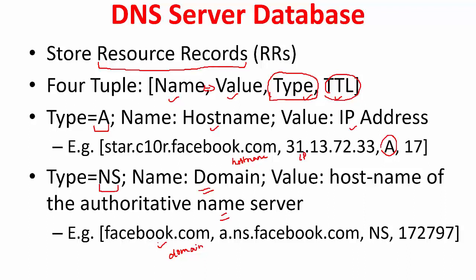Now, facebook.com is a domain, and there is an authoritative name server that is serving that domain. In other words, that authoritative name server, which is this, knows the IP addresses of all the hosts that are part of this domain. So you typically contact this to get the individual IP addresses, as we have seen earlier. And this record essentially is an NS record that says this domain is being served by this authoritative name server.